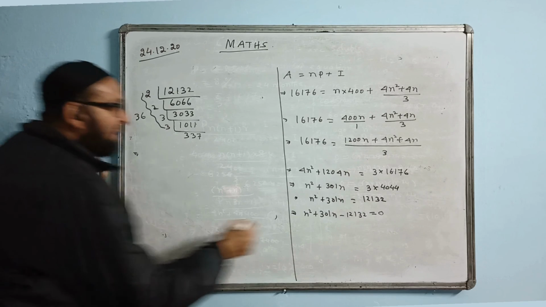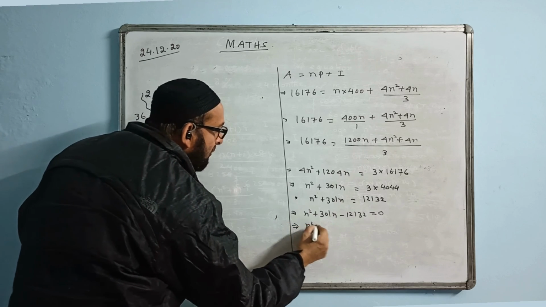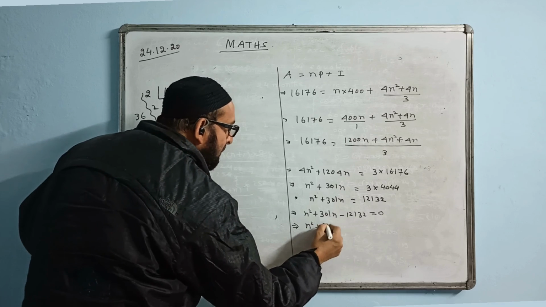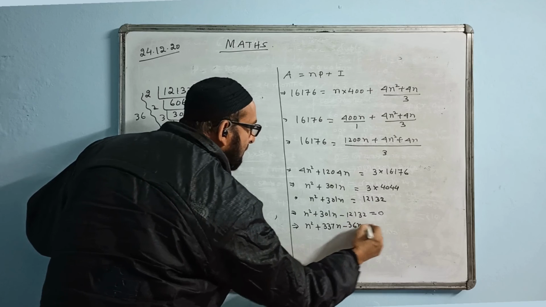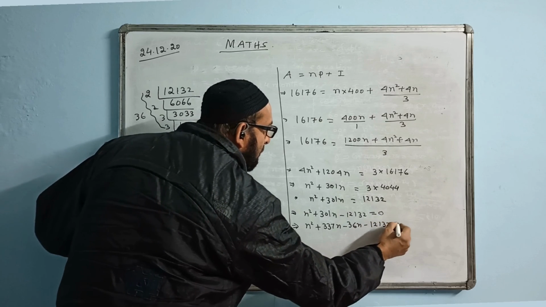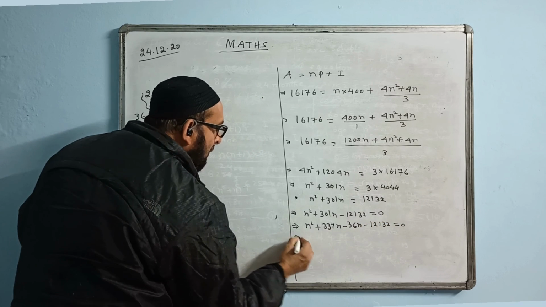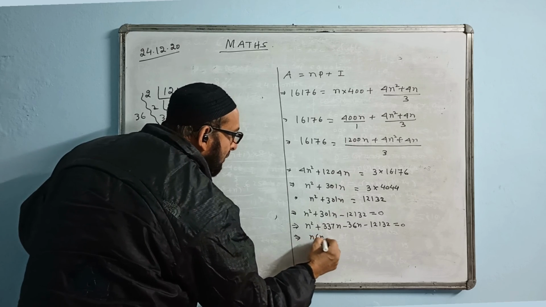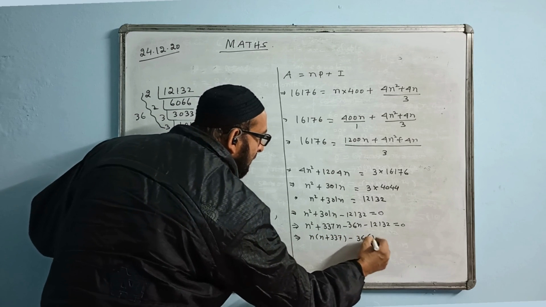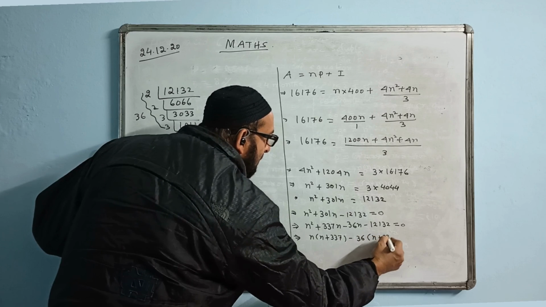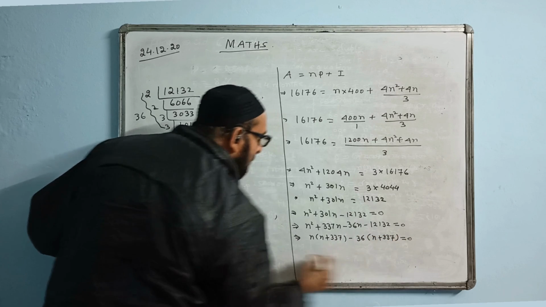So next line I will be writing: n square plus 337n minus 36n minus 12132 equal to 0. Taking n common, it will come n into n plus 337, minus 36 common, here it will come the same n plus 337, equal to 0.